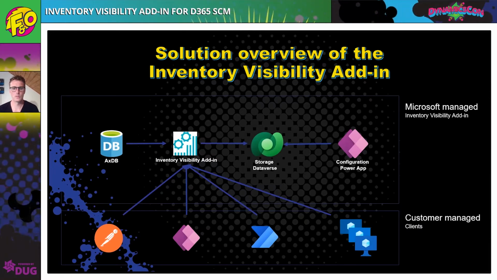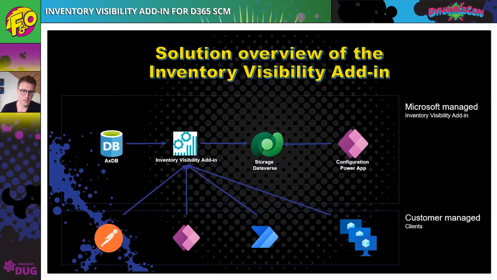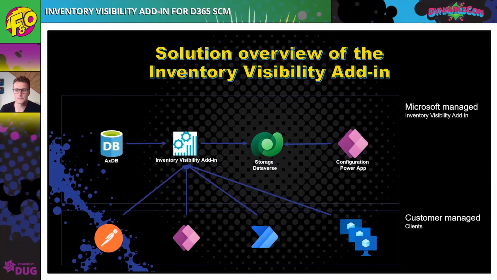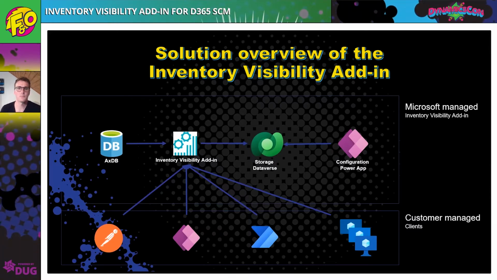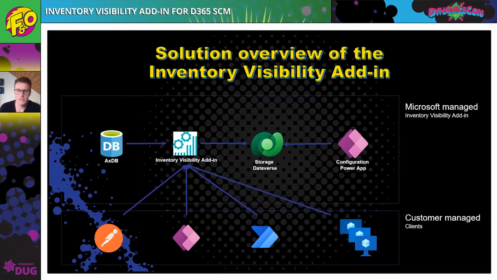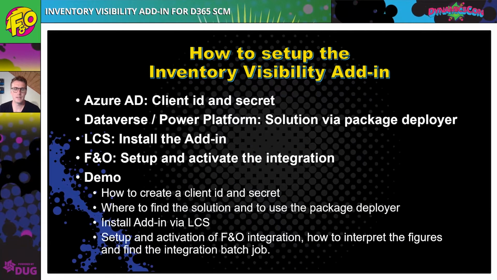When it comes to a real-life implementation, you will have integrated API calls into your, let's say, web shops that consume the inventory visibility add-in. With that, we will jump to how to set up the inventory visibility add-in.